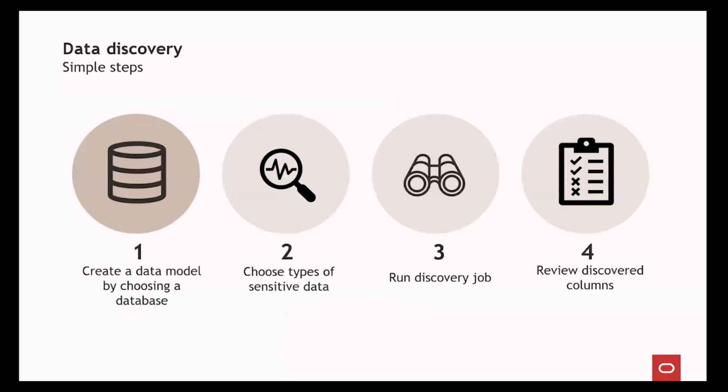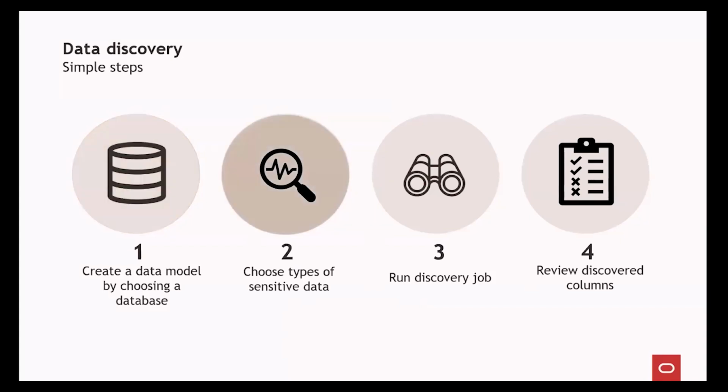To perform the discovery process, you can do that in just four simple steps, starting with creating a data model. On DMS, we call it the application data model, where you will be selecting your target database and your schemas.